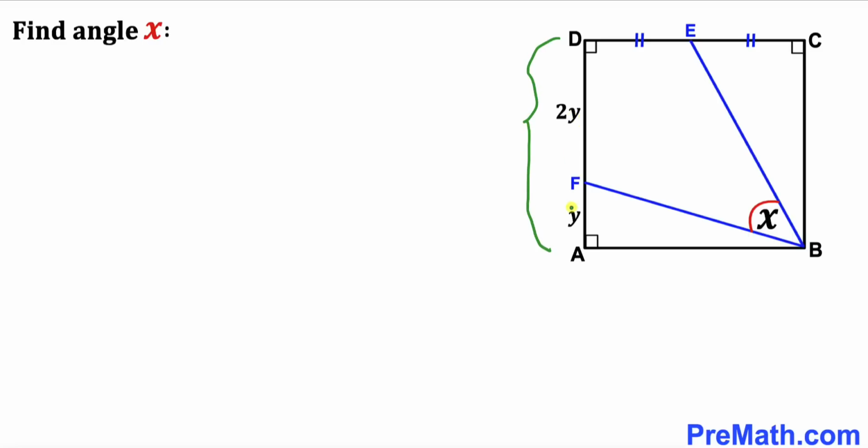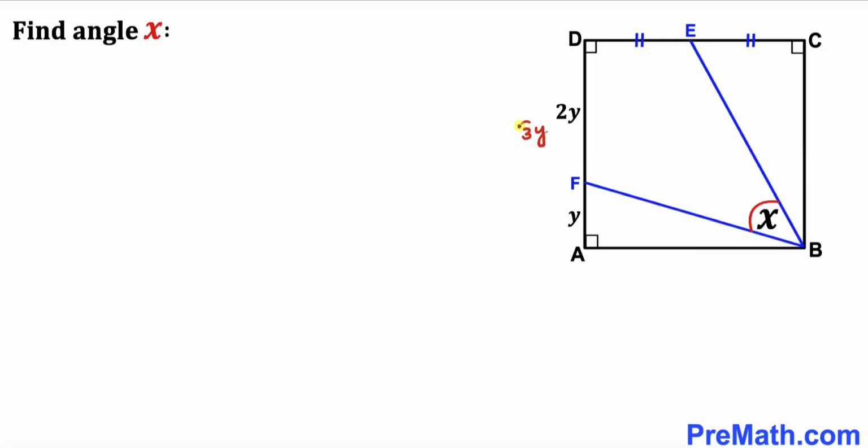This is y and 2y. If we add them, this side length is going to be 3 times y. And since we are dealing with this square ABCD, this side length is equal to this side length across the board.